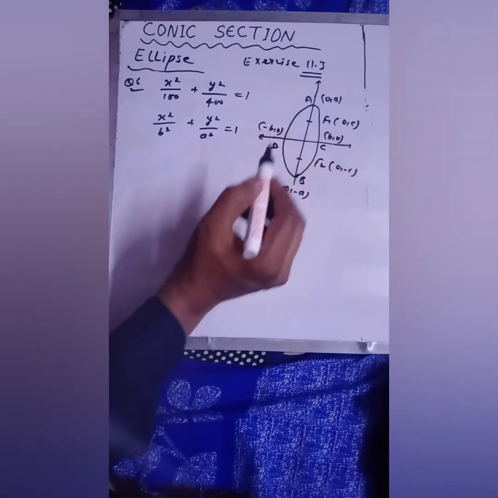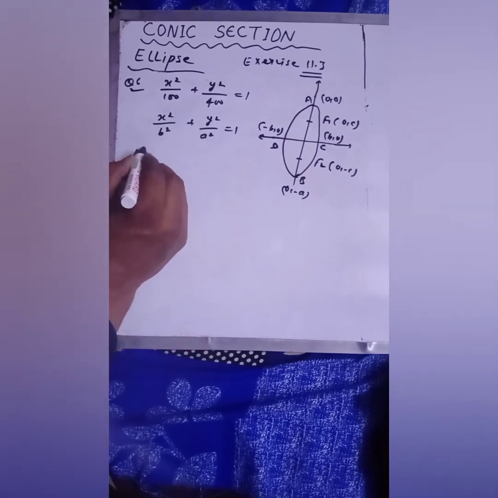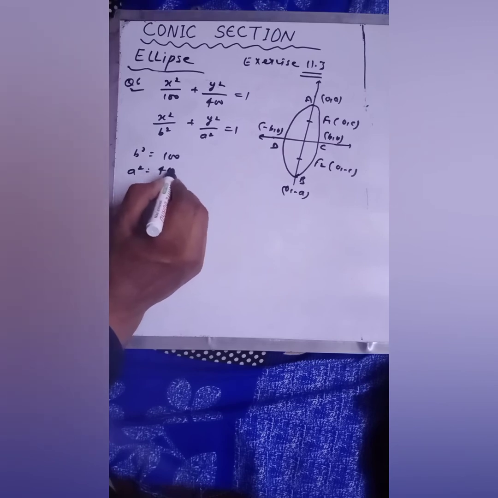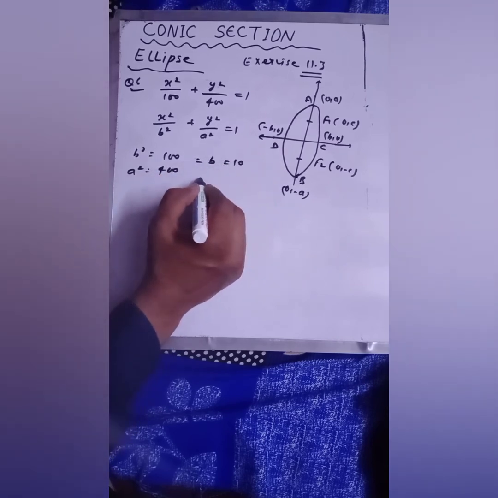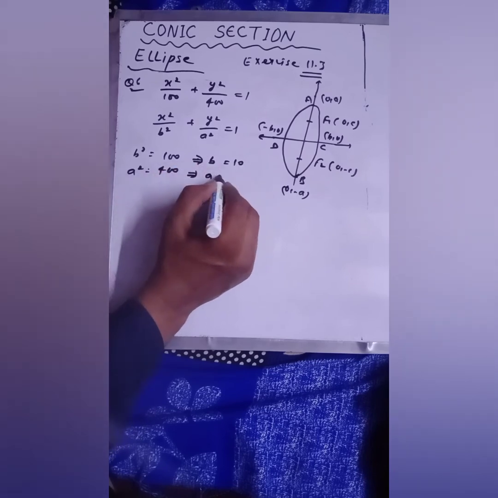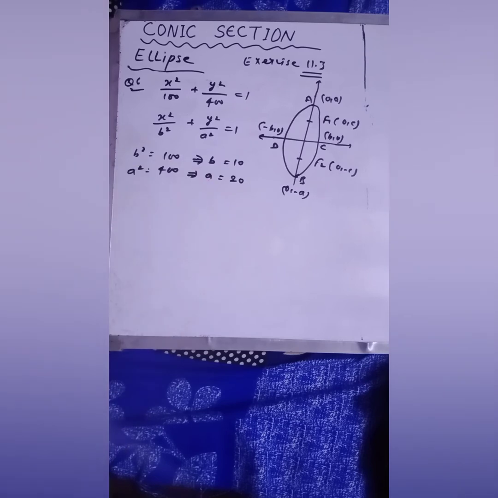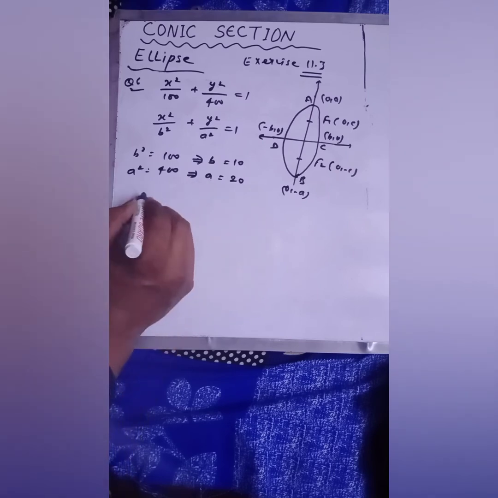Got it? So when you compare this equation, your b square would be 100, your a square would be 400. So this will give you b equal to 10 and your a would be 20. Okay. After doing this, you have to calculate c.